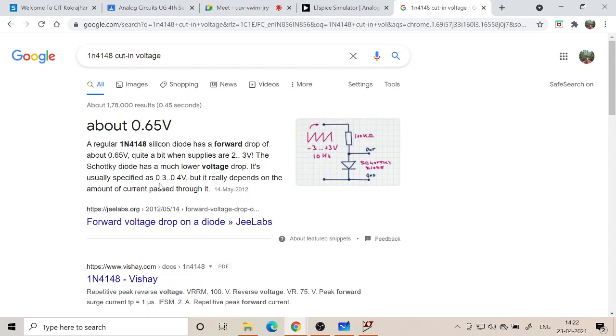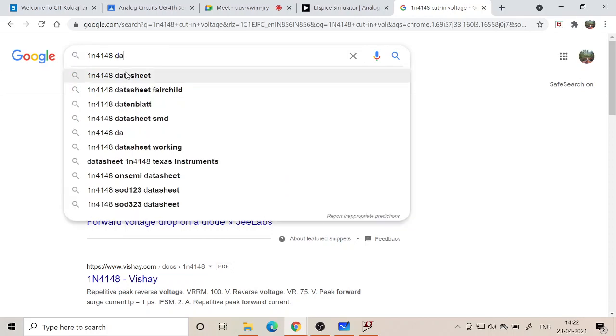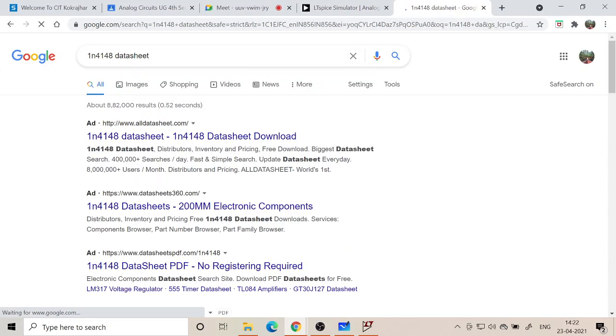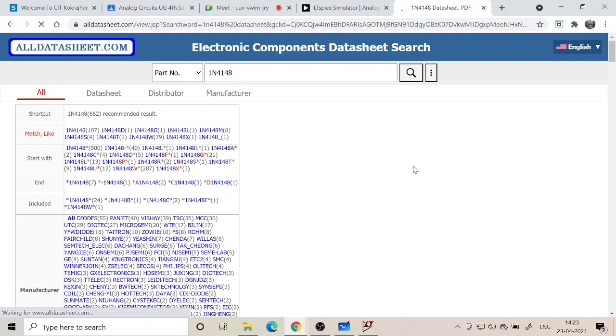But cut-in voltage also depends upon the operating point. You can download the data sheet. If you search for the data sheet, you will get a document which will explain it. It will be a PDF file.